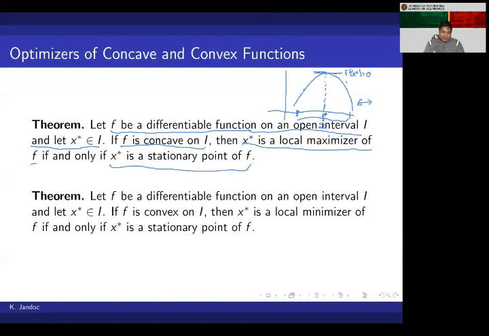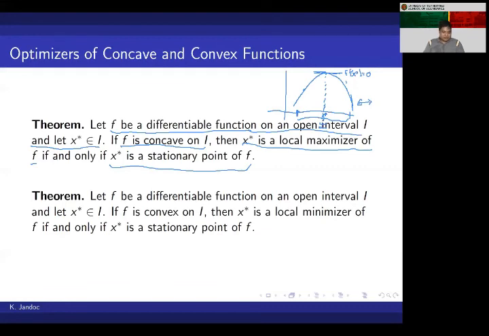It means that the function is increasing, and therefore, at the stationary point where the slope is horizontal, that attains the highest possible value of the function, and then it decreases as you go to the right. Okay, so at that stationary point x star, the value of the function is maximized. So therefore, x star is a local maximizer at that stationary point x star.